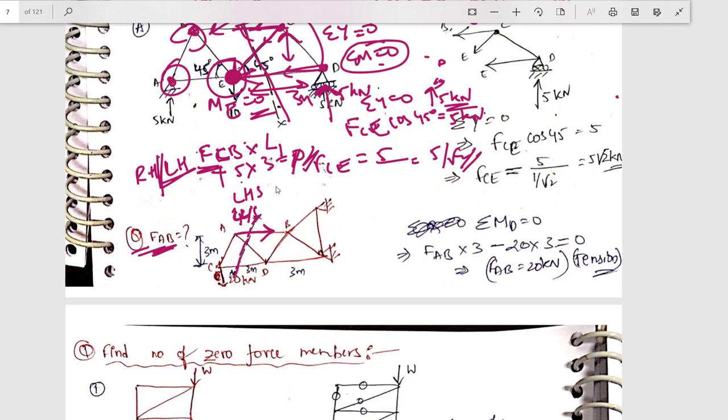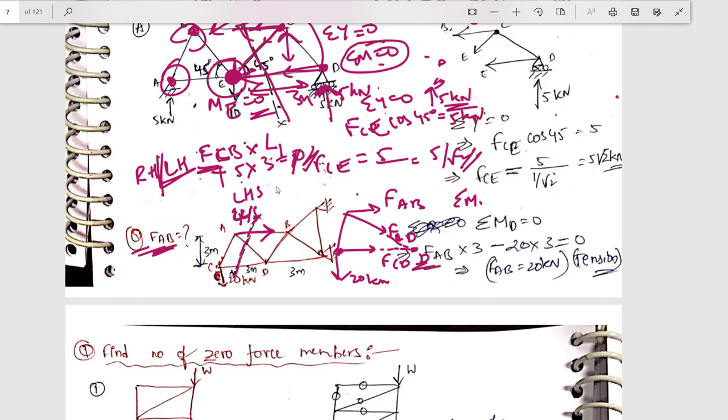So what will I be getting? I will be getting something like this, FAB. I have an inclined member FAD, and I have something like this, FCD. Agreed? And the load is acting here, 20 kilonewton at this point. See, if you look properly, these two forces are meeting at the point D. If I take moment at point D, these two forces will be nullified, right?